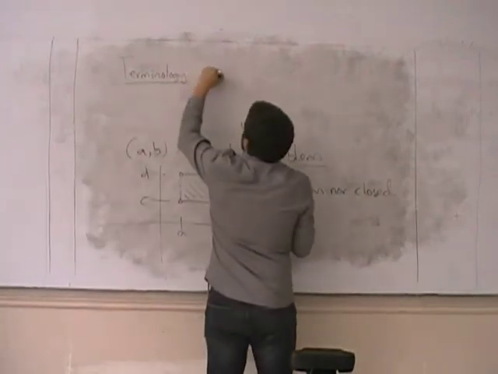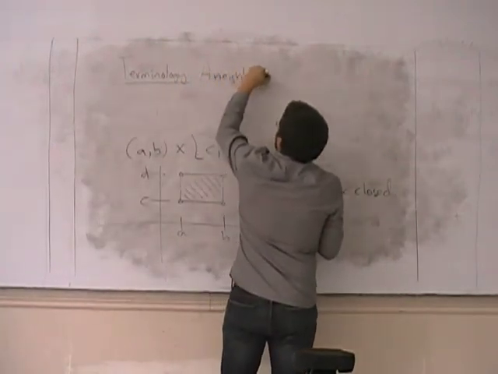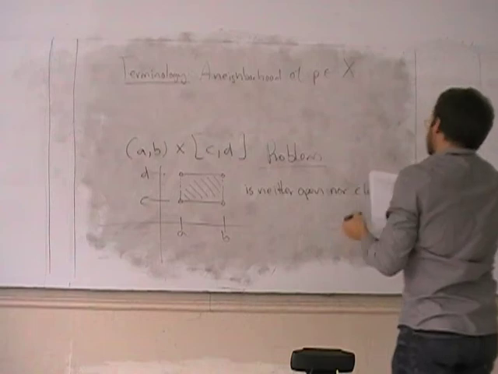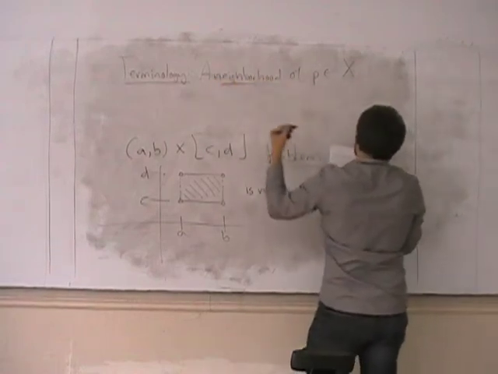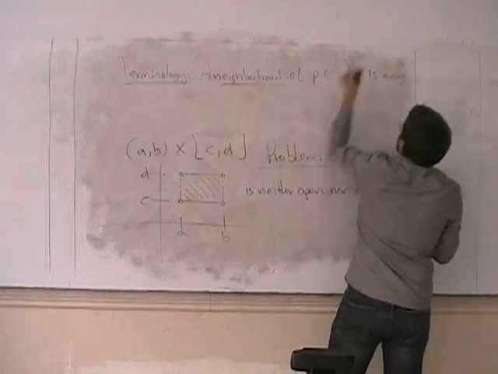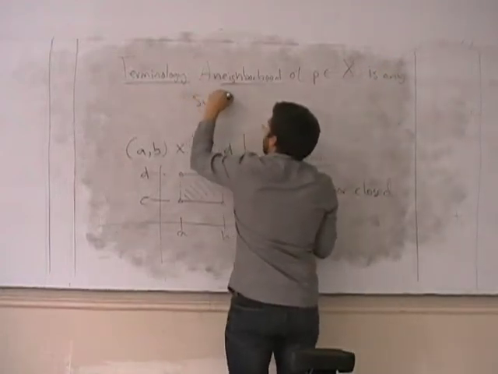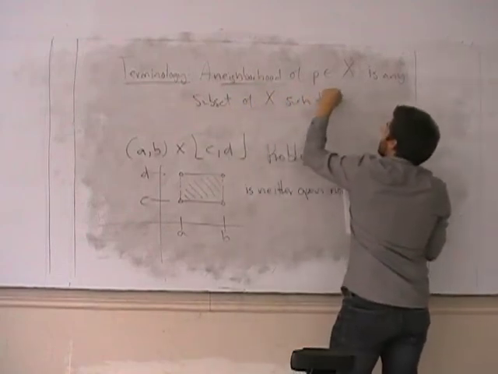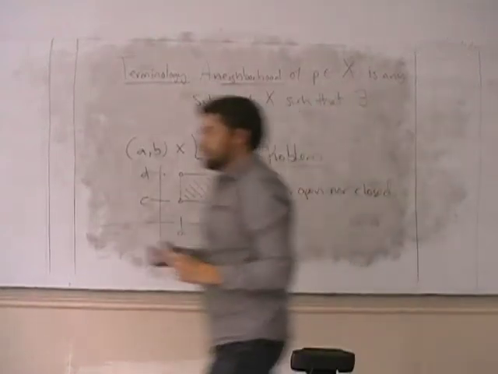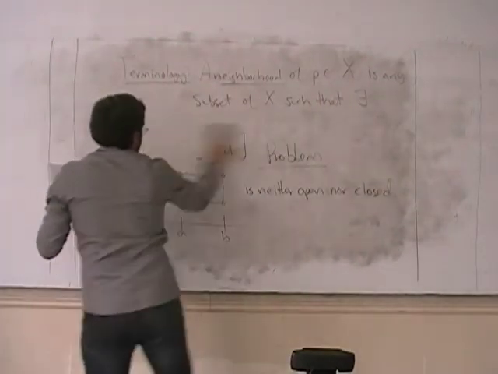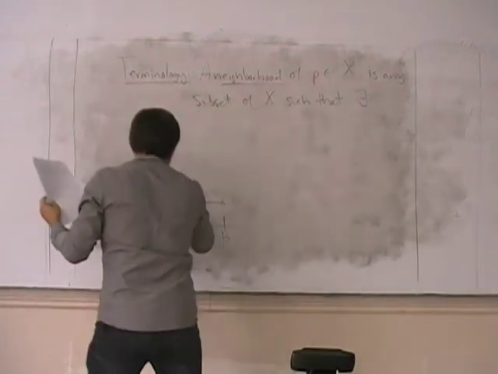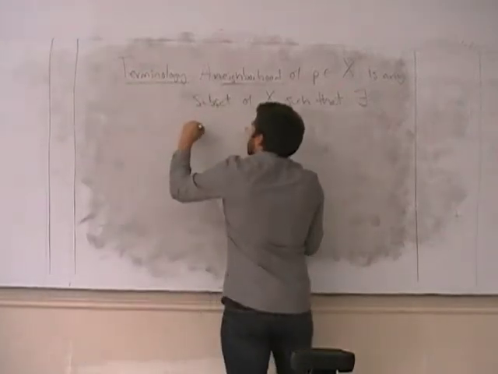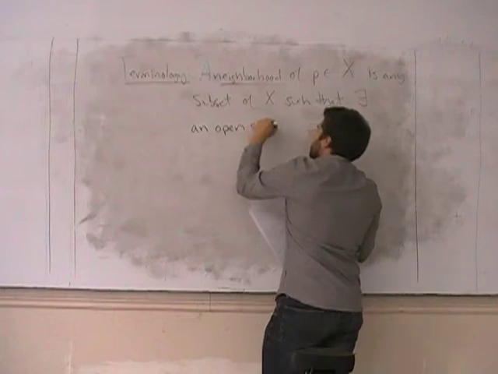So a neighborhood of P in X, a point in X, we can just say it's any subset of X such that there exists an open subset of X.